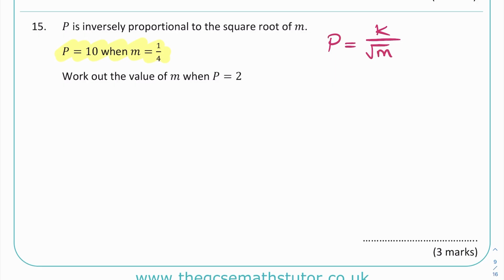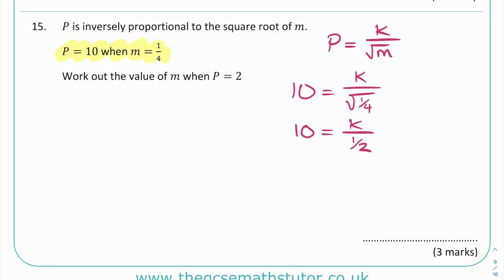So if I put those in, we know that p is 10, and that's equal to k divided by the square root of 1/4. When you are square rooting a fraction, you just square root the top and the bottom. So the square root of a quarter is 1/2. So that's 10 equals k over, and then the square root of 1 is 1, the square root of 4 is 2, so it's k divided by 1/2.